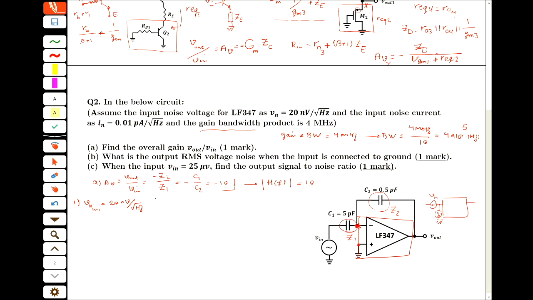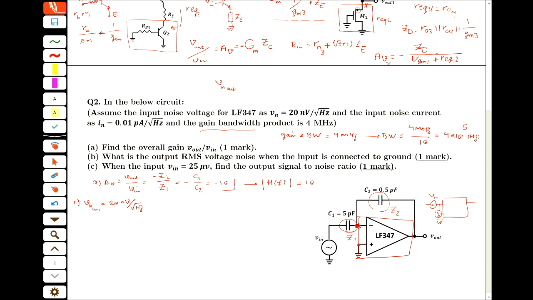And then what's the equation for calculating the noise in the output? That's true if the gain is frequency independent and if the signal Vn is frequency independent, which is the case here.